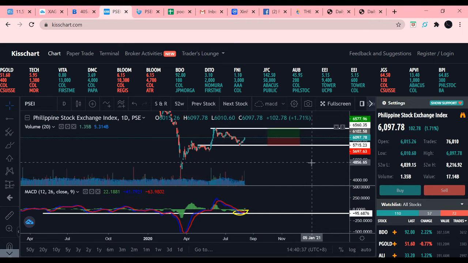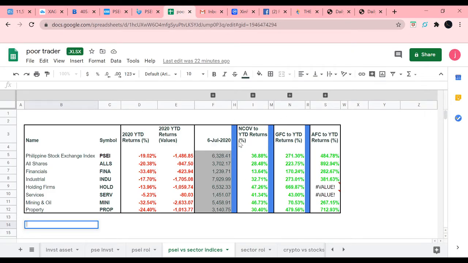And to be honest, since nagawa ko tong ROI from the crisis, Asian financial crisis and global financial crisis year to date, medyo na-disappoint, hindi naman sa na-disappoint, pero medyo nababaan lang ako sa returns.